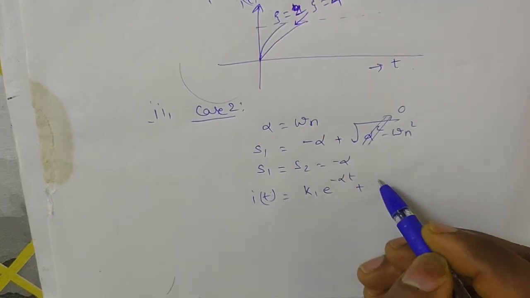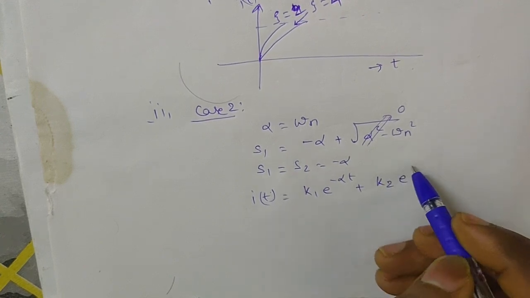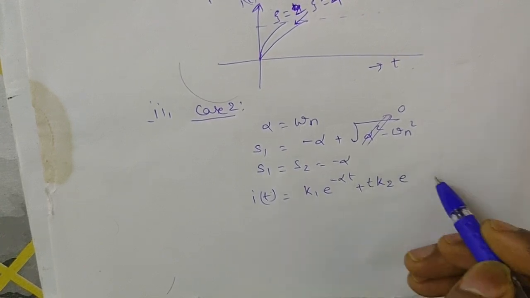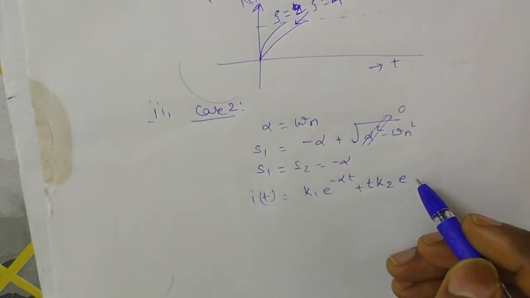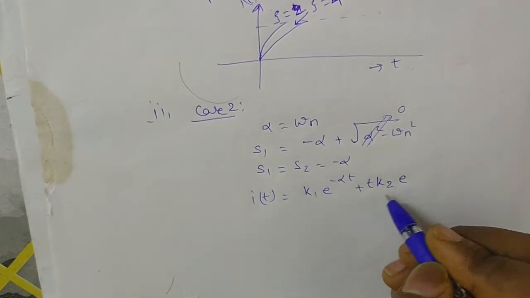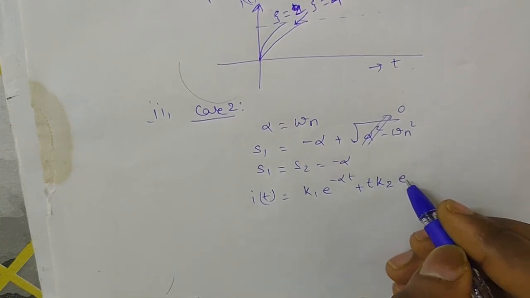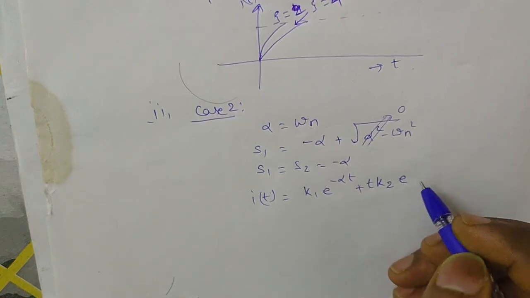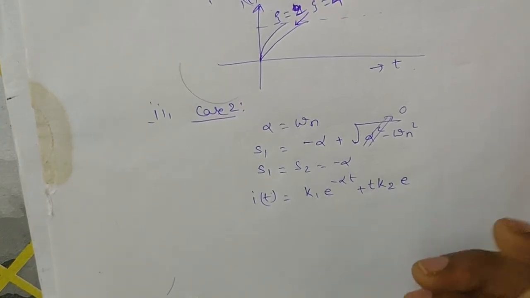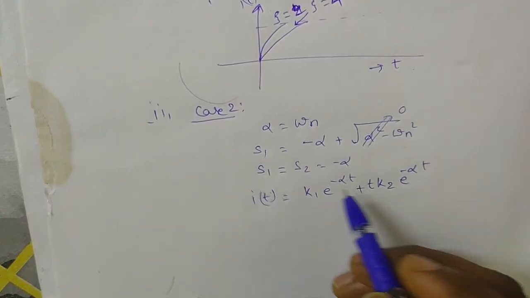t plus k2 e power. As the roots are the same, t should be added, as it is linearly dependent, t will be added to it. We will be discussing this in the next topic, in the maths topic, why t is added.